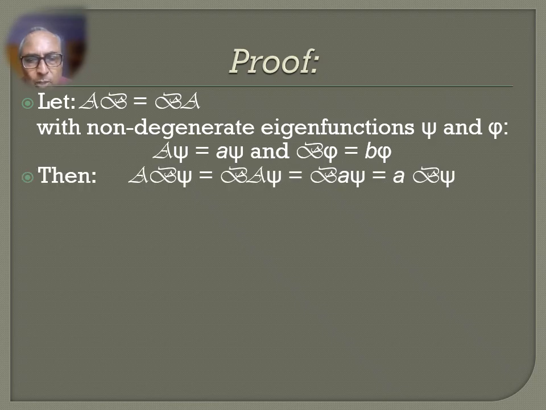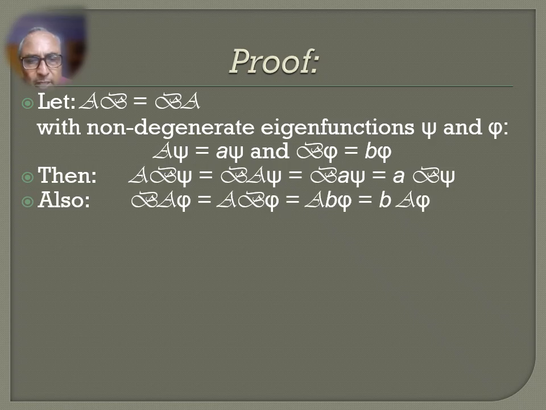Then AB operating on psi is equal to BA operating on psi using the commutative property, which is equal to B operating on small a times psi from the eigenvalue property, which is equal to small a times B operating on psi.